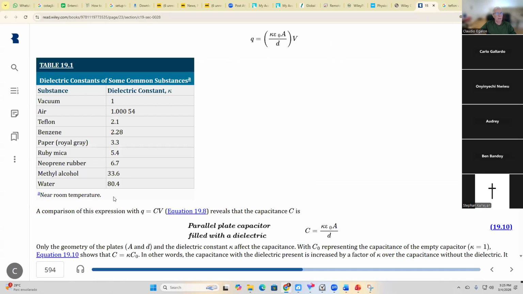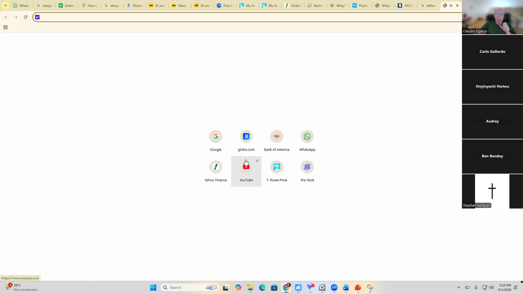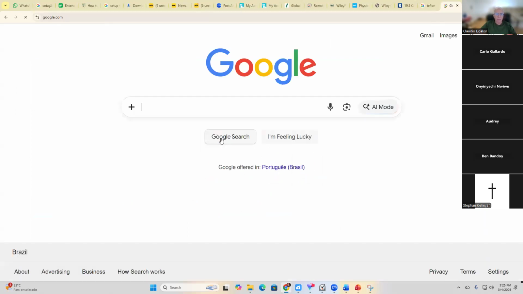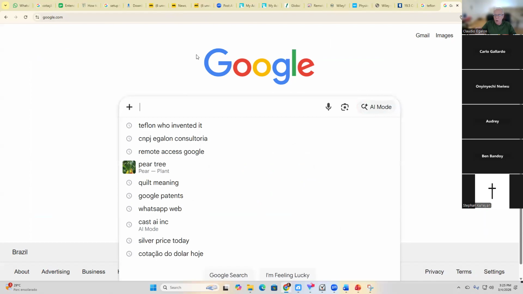Benzene, paper, regular paper. Not a regular paper, but the royal gray paper, right? 3.3. Mica, have you heard of mica? Ruby mica. Let's see if you have a picture of mica. It's some small flakes. Many stones have some small flakes over their surface.